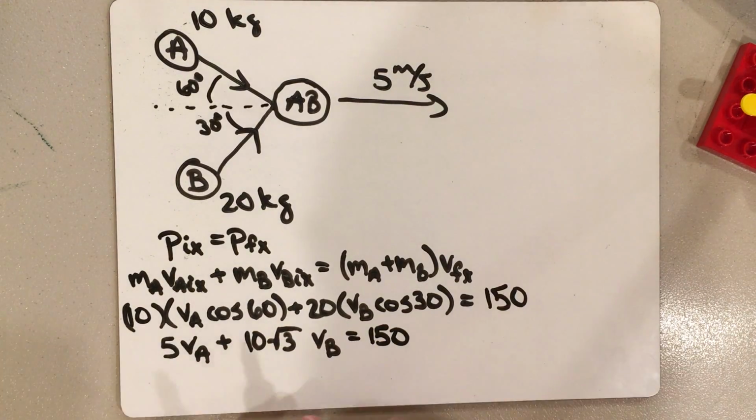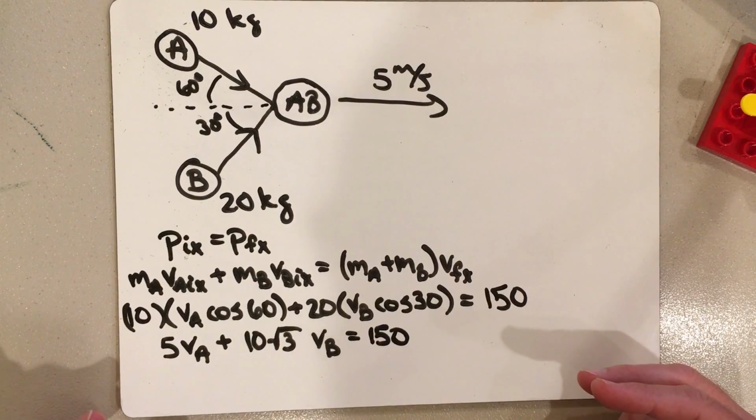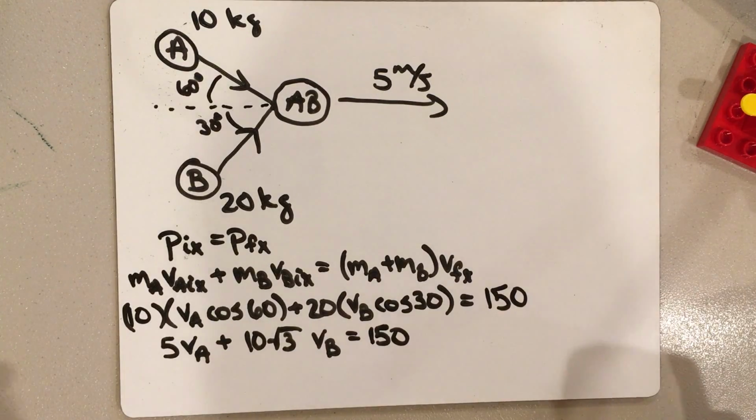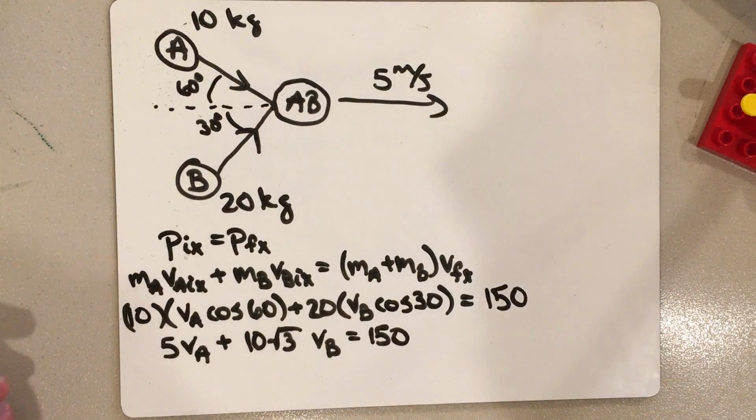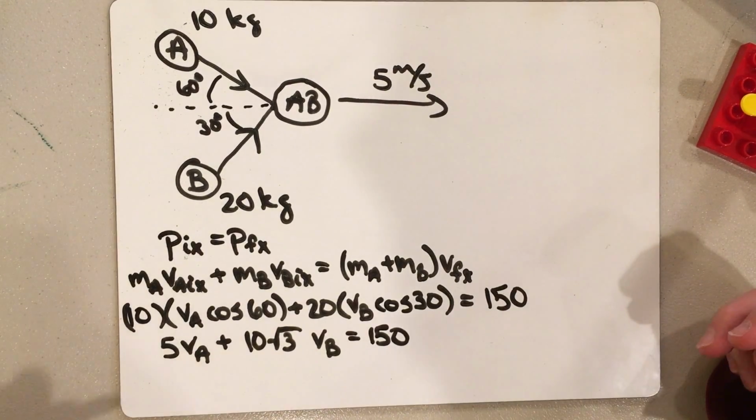Okay, so here's my formula that I've reduced it down to. I have two unknowns, so I can't solve it yet. I need another equation, and that's going to come from the y momentum.